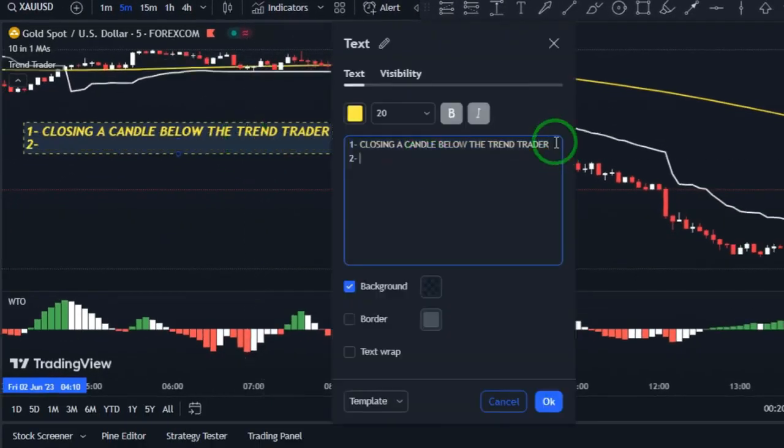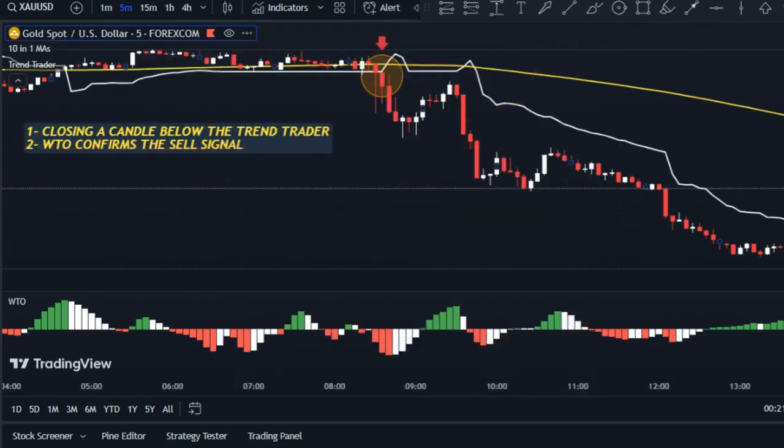Then the WTO indicator needs to confirm the sell signal by turning red. Note that if the histogram is white, we should not take the trade signal.